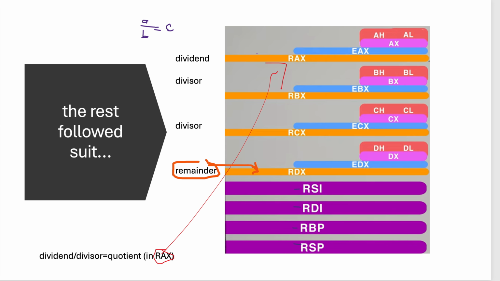B, the divisor, would go into RBX, and RCX also holds a divisor. The remainder goes into RDX, the data storage unit. And then, of course, the quotient, the result itself, would go into AX.